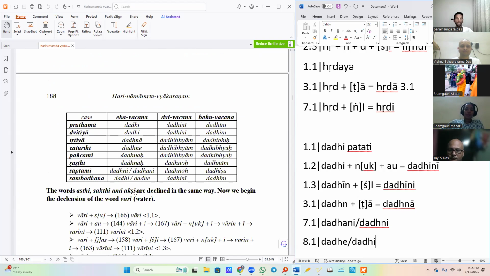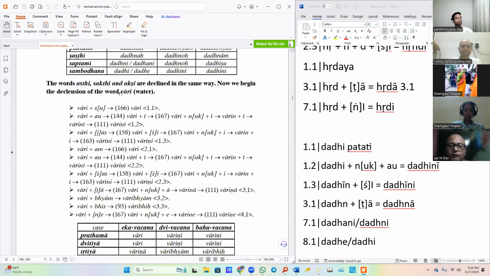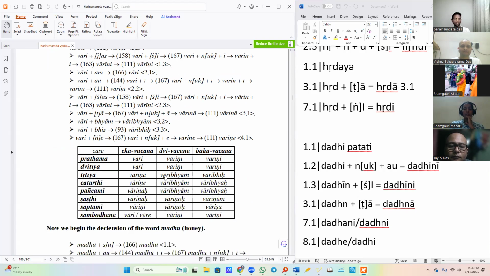Okay, that was the Dhi table. Asthi, Sakthi, and Akshi tables will also be in the same pattern. And you can actually also do Vari. Vari is also same. Vari means water. Vari, Varini, Varini, Vari, Varini, Varini. Then Varina, Varibhyam, Varibhi, Varine, Varibhyam, Varibhyam, ityadi.